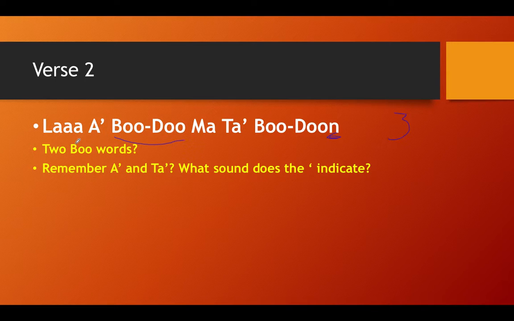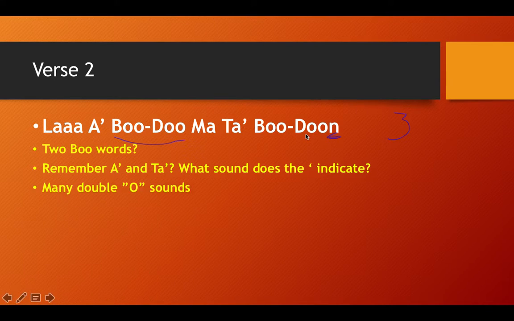You don't say la a budu. It's kind of like you're interrupting the A vowel. So I have the A vowel here, and then this apostrophe will interrupt it. Same thing with ta apostrophe. So la a'budu ma ta'budun.